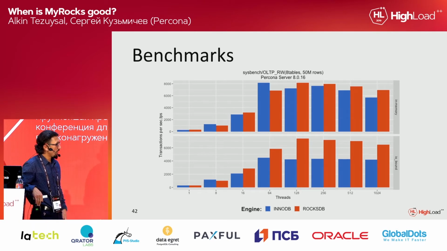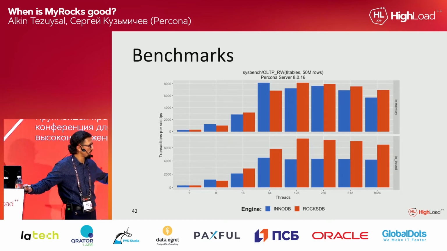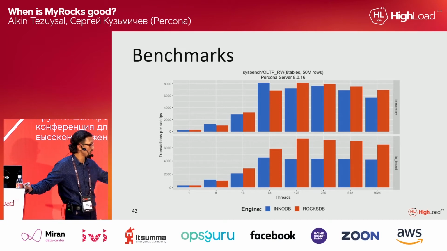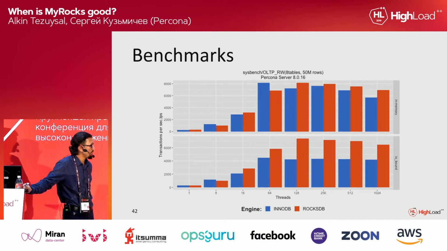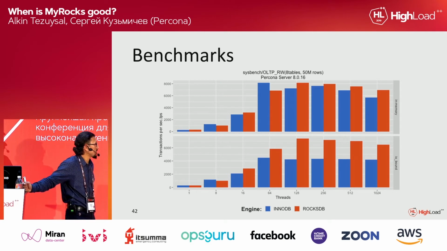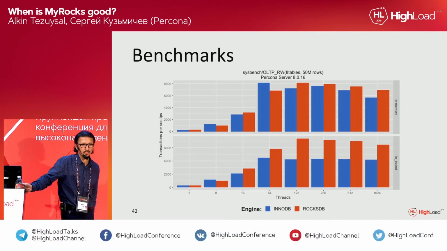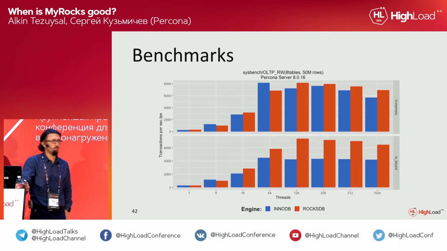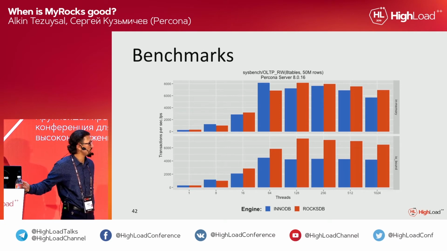But for the IO-bound workload, even though InnoDB is super stable, which is very good, the MyRocks engine performed more transactions per second even after 64 threads per run. So these are the results that we have. We will be working more on this with other tests and other scenarios that I would like to share later on.